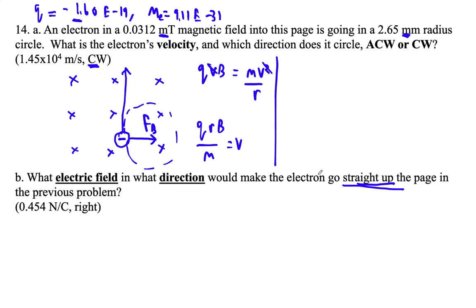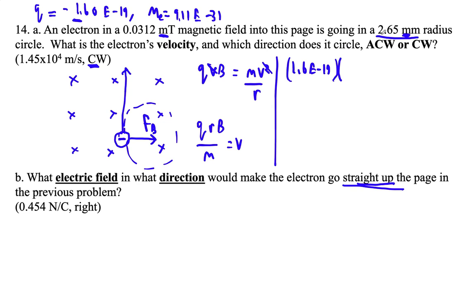Okay, we can do this. So q is 1.6 e minus 19. It doesn't make sense right now to put a minus in there because I'll get a negative velocity.